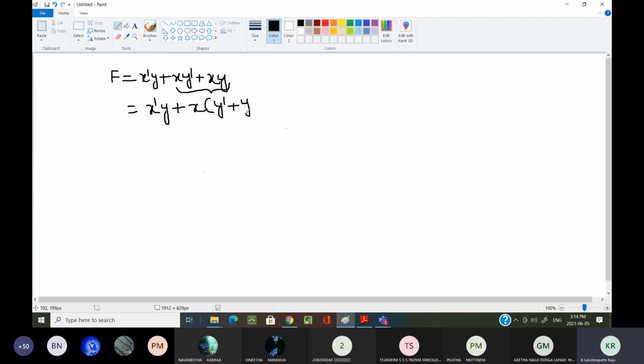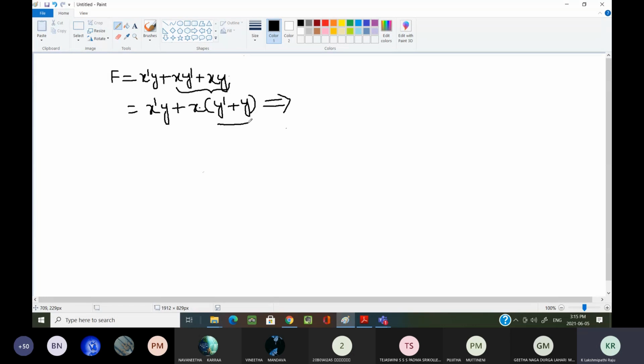Here I am writing whatever rule I have used; you can write it as the reverse of distributive law. Actually, dot is distributed over plus. What we have done is the reverse; we have not expanded the distributive law.